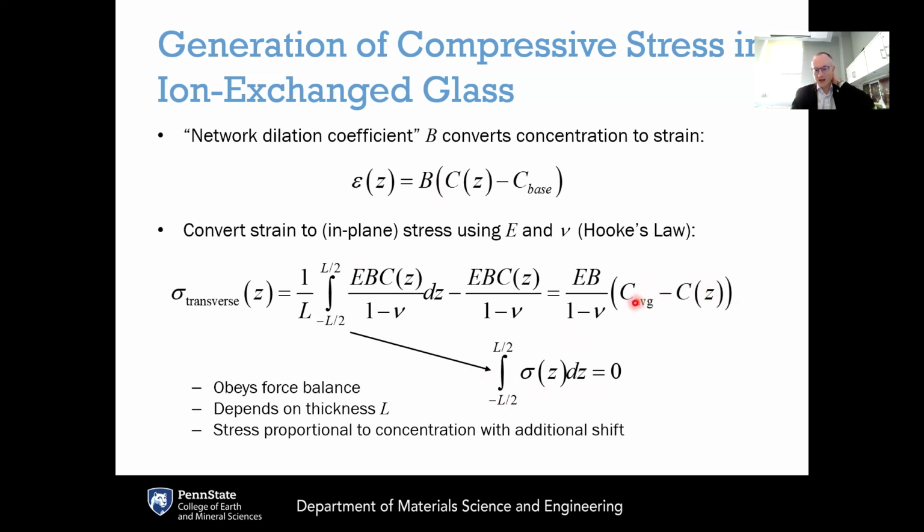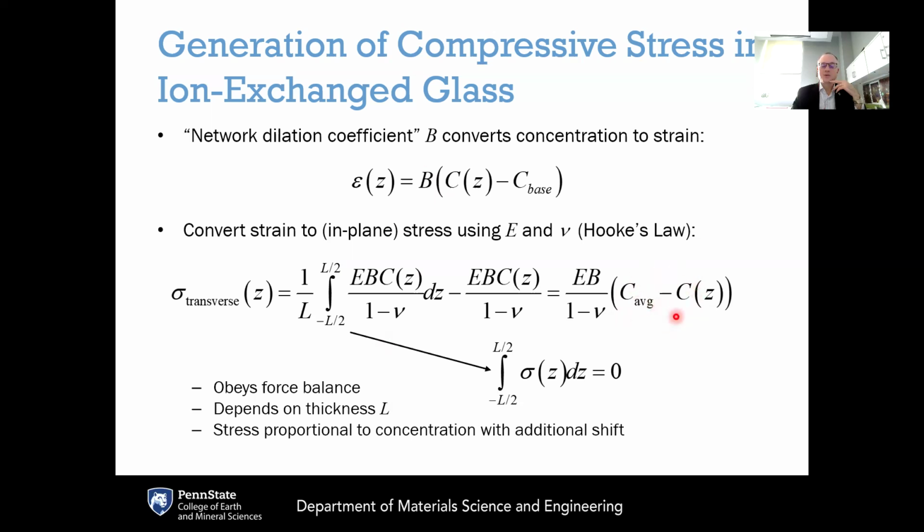there's a difference between the average concentration and the local concentration, such that if the concentration is higher than the average, this gives a negative number, which is a compressive stress. If the concentration is lower than the average concentration from that profile, then it's a positive number, and this indicates tensile stresses.